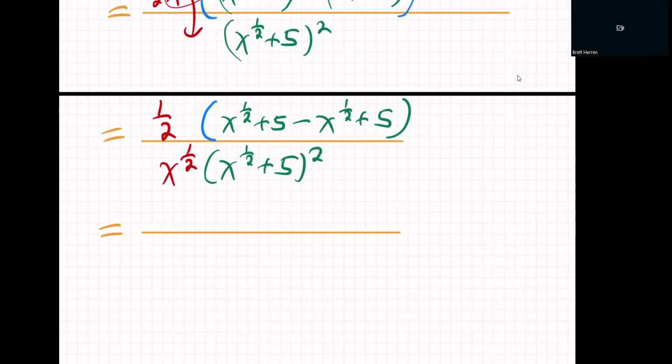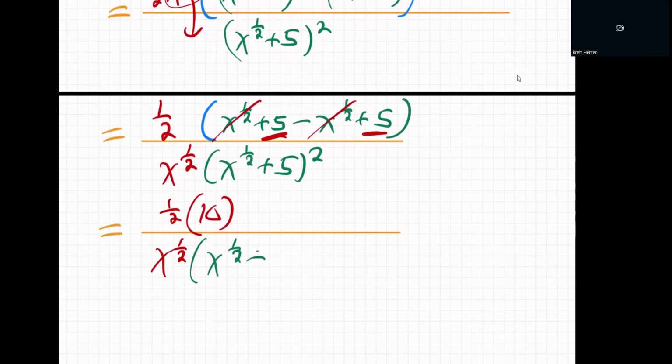Now we've got a half times, these guys cancel. 5 and 5 is 10 over x to the half, times x to the half plus 5 squared. And that's basically it. We could just do one more thing, I guess.